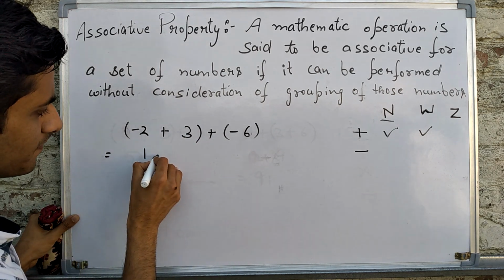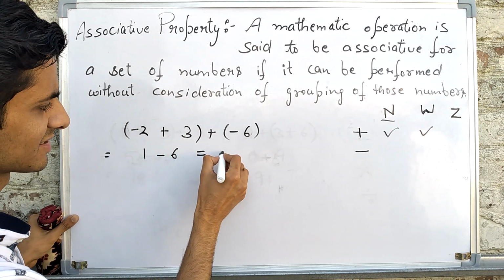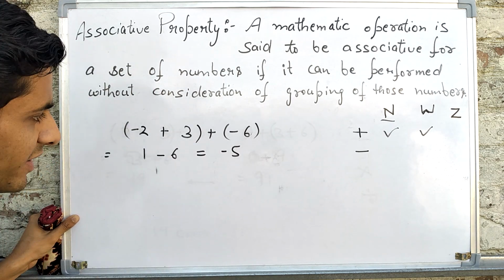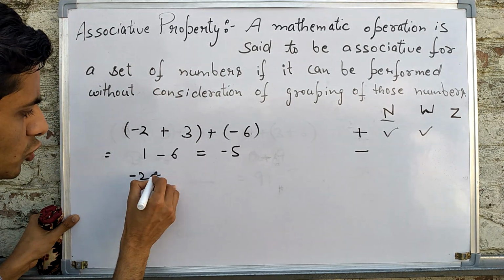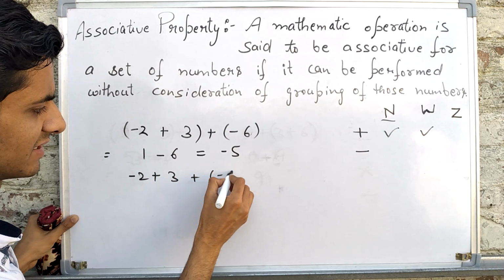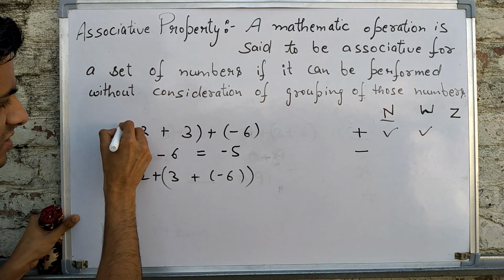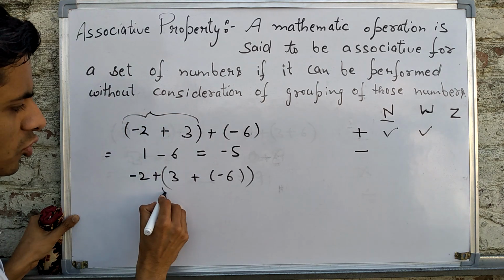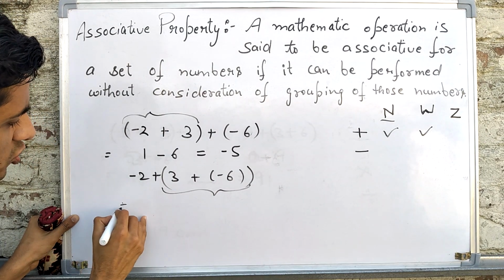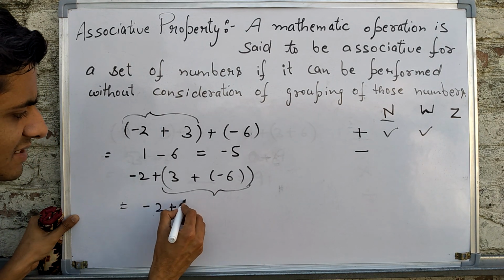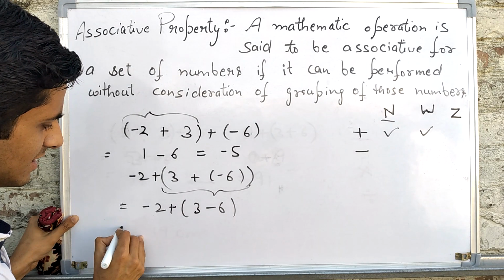Plus -6. 1 minus 6 comes out to be -5. Now let us add it in this way. Earlier the group was this. Now the group is this. So it comes out to be -2 plus 3 minus 6.